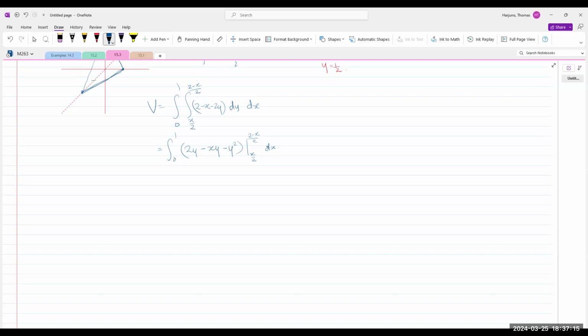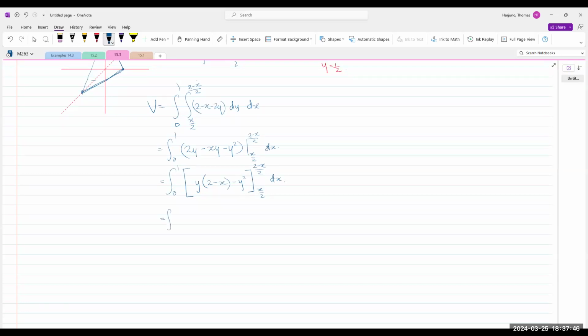I think I prefer to factor that y. What I meant is this. Integral from 0 to 1, I leave it there. But for this guy here, I use y times (2 minus x minus y) squared, from x over 2 to 2 minus x over 2, dx. You figure out yourself what is the best way to compute that.